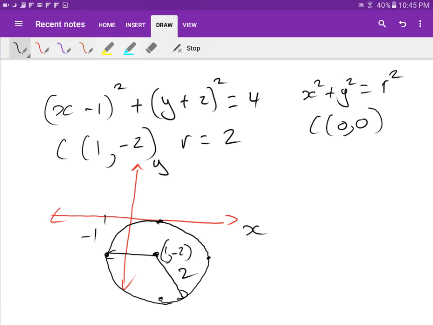And from 1, the radius is 2, so add 2 to 1 is 3, so this is 3. So the domain of this is the restriction of x, between -1 and 3.